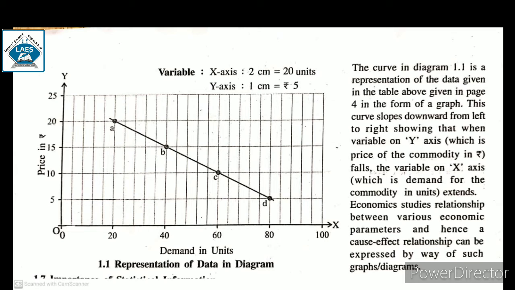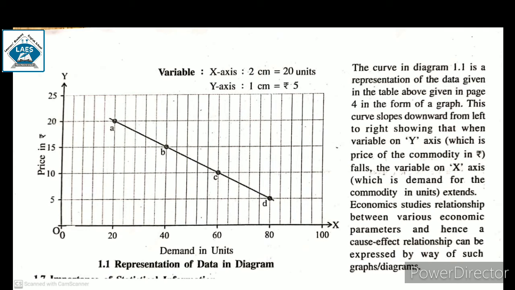Above, it is mentioned that on the x-axis 2 centimeter equals 20 units, and on the y-axis 1 centimeter equals 5 rupees. Okay, and you can see the one line which is slanting, ABC, represented by dots. It's the slanting line, sloping down from up to down, it is decreasing.